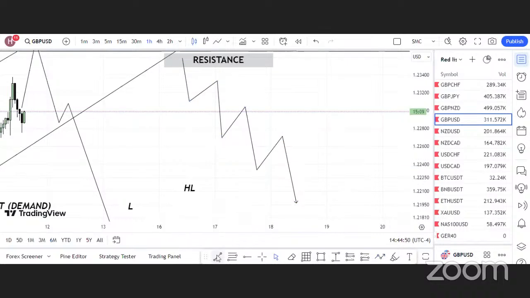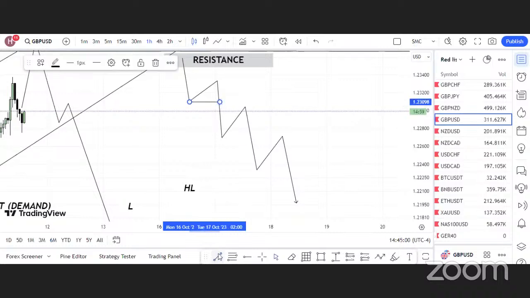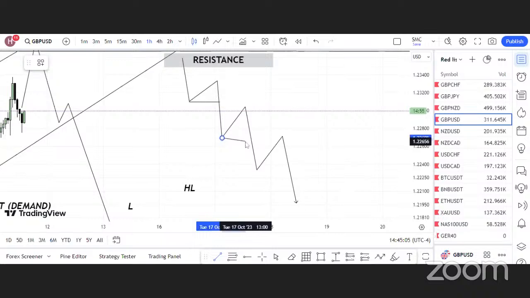Now, look at this. The market is breaking structure to the downside. This structure was broken. That structure was broken. This structure was also broken to the downside. You see?